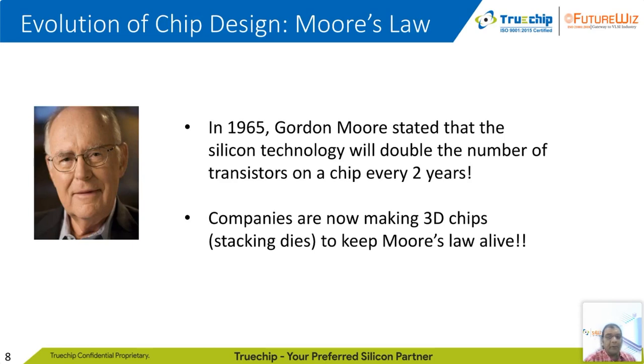And this became a norm that all the industry would run to meet this target, and it became self-sustaining. Over the period, people started saying that Moore's law is dead and you can't pack more transistors in a single chip. But then companies came up with 3D chips, trying to pack more dies, stacking one die on top of another, which makes Moore's law still alive today.